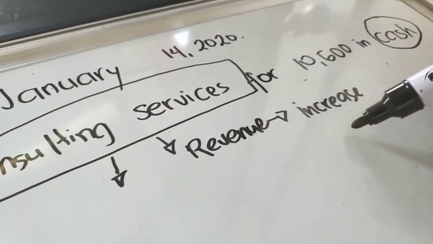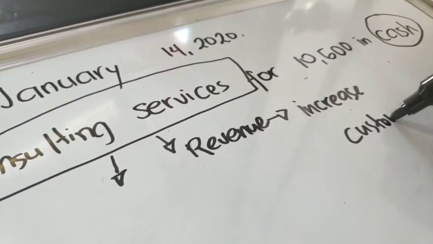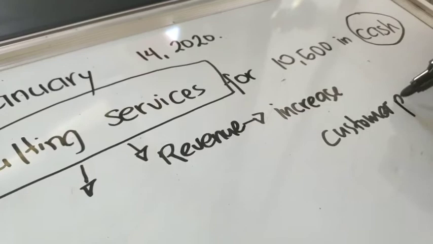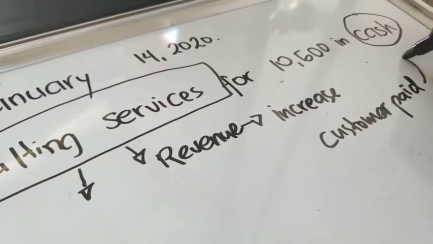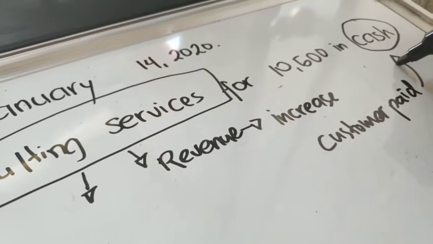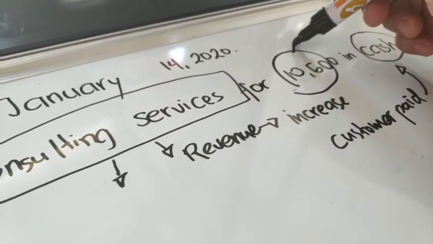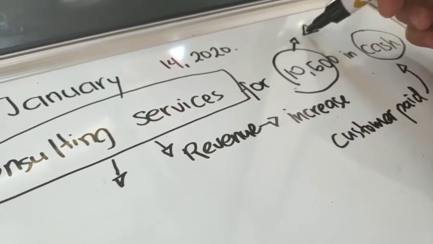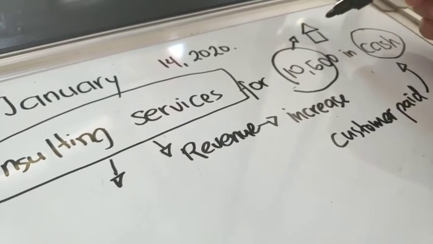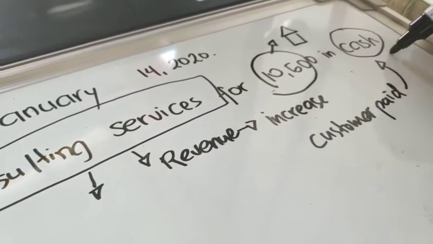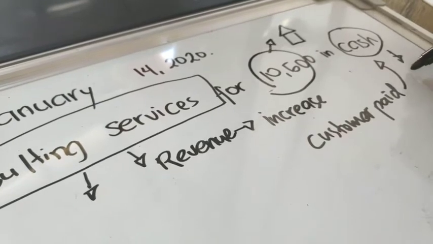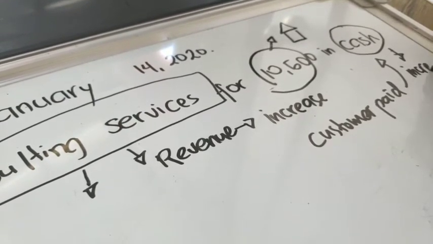Why? Because your customer had paid in cash. So there is 10,500 in cash that is put into your company. So the cash is also increasing.